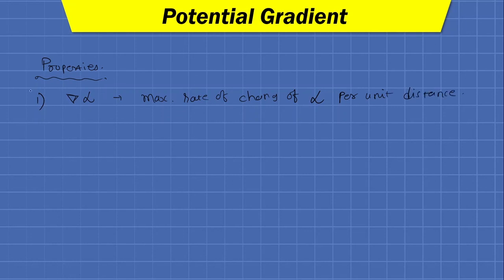Fine. So the first property is nothing but the definition of gradient itself. The second property is that the gradient of any scalar always indicates the direction of maximum rate of change of alpha. Fine.